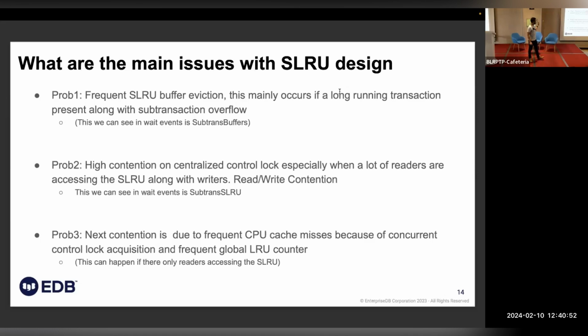It is because whenever we acquire a lock, we need to modify the lock variable internally. That lock variable is shared across multiple processes, so the shared variable is getting modified. And when you need to read that variable, your CPU cache line is stale, because the CPU cache is frequently getting invalidated. And at that level the third problem comes. So not only the lock, but the centralized variable is also a problem in this particular case when only readers are there.